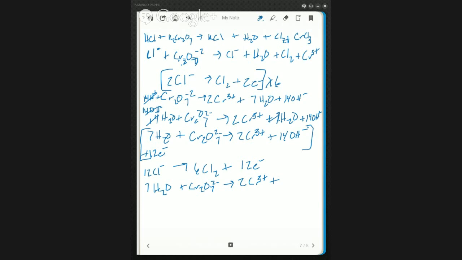The question I was asked was, where did the 12 electrons come from? And again, answering, we have to balance out the charges for both sides. Because I had the 14 hydroxides on the other side, that means I have to have 12 electrons added so that my charges will work out the way that they're supposed to.